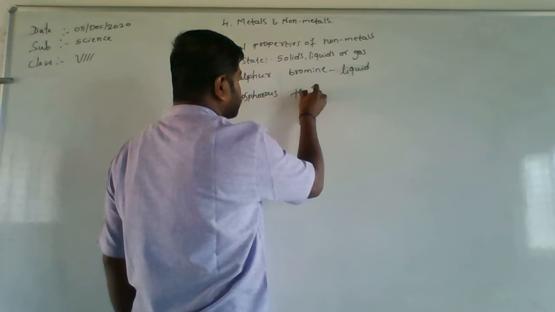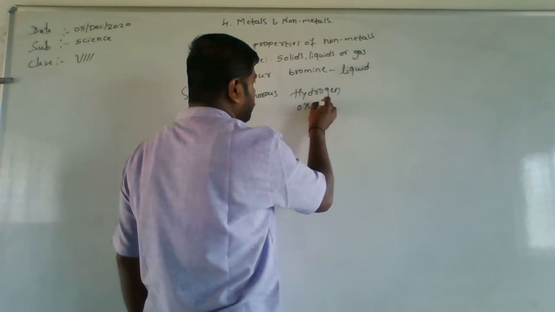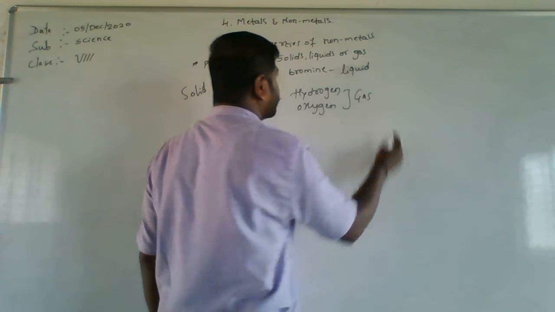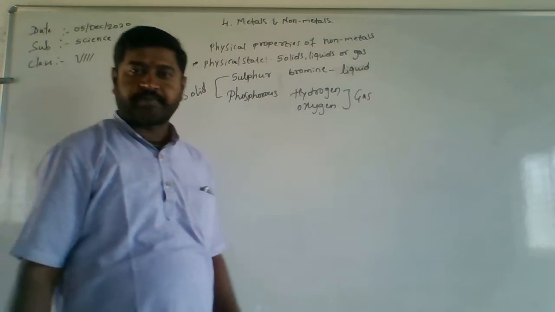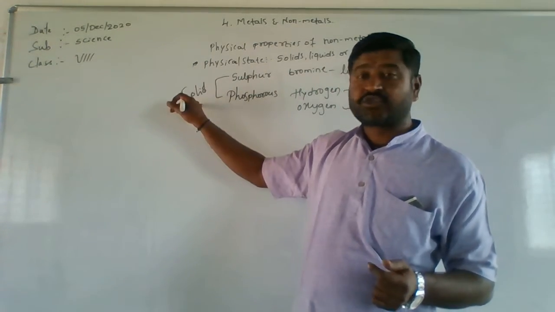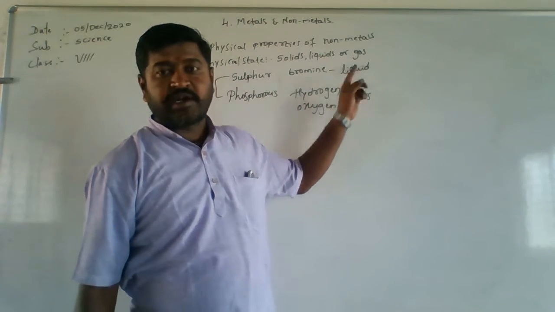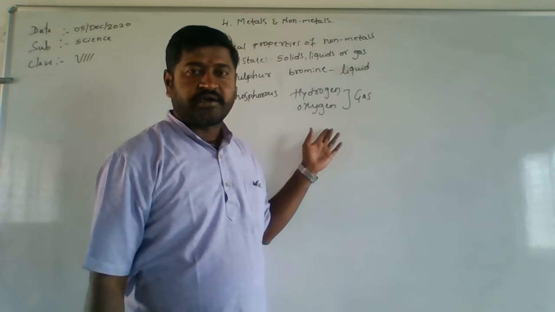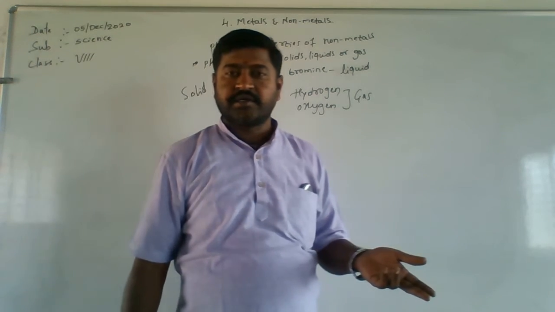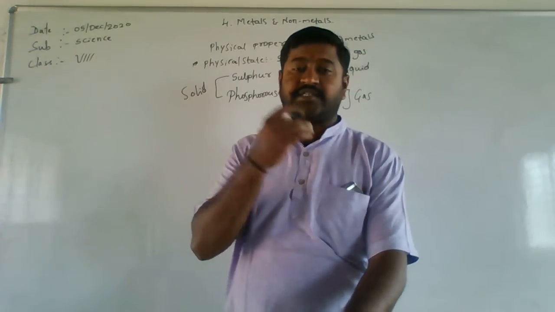And we all know that hydrogen and oxygen are in gaseous state. Is this clear? So sulfur and phosphorus are available in solid state, bromine is available in liquid state, and gases like hydrogen, carbon dioxide, and oxygen are available in gaseous state.